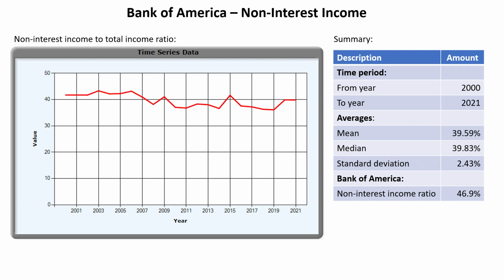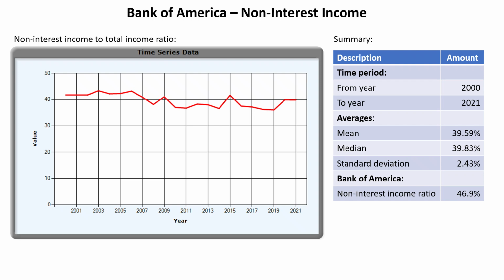And that's pretty constant. If I take a look at that summary table to the right, the table goes from 2000 to 2021, and again, this chart was discontinued, which is unfortunate. So my average ratio is around 39%, and that's also the median.